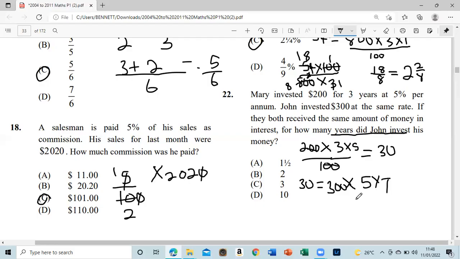All right. If we just transpose that now, we go over the 100. So it's 30 times 100. And then those must divide, right? These two must divide, the 300 and the 5. So it's 300 times 5.